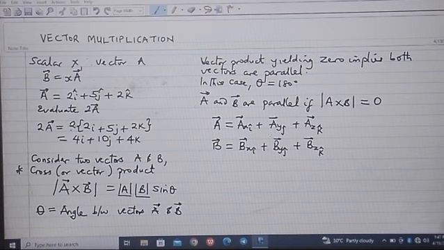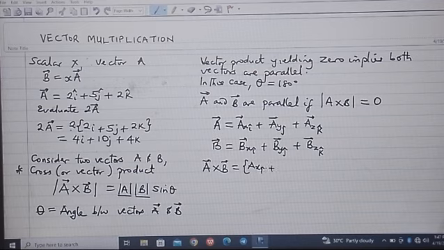Now we can find the cross product between the two vectors. In this form, we say A cross B is equal to, open the bracket and write the expression for vector A, AXi plus AYj plus AZk, cross BXi plus BYj plus BZk.